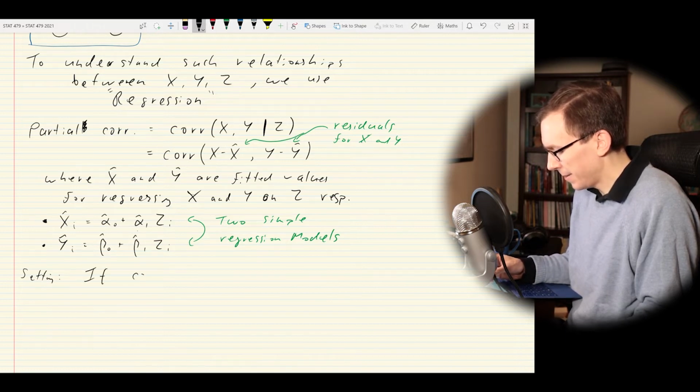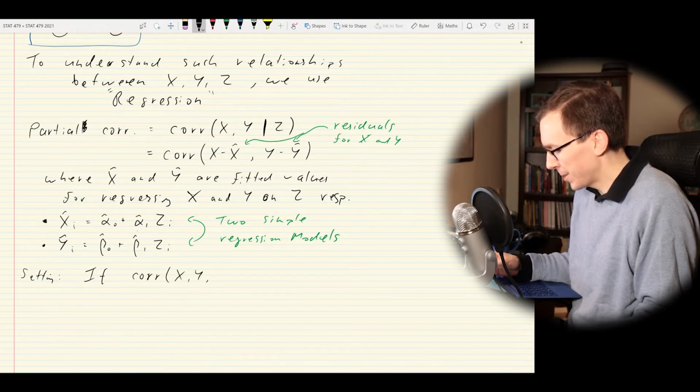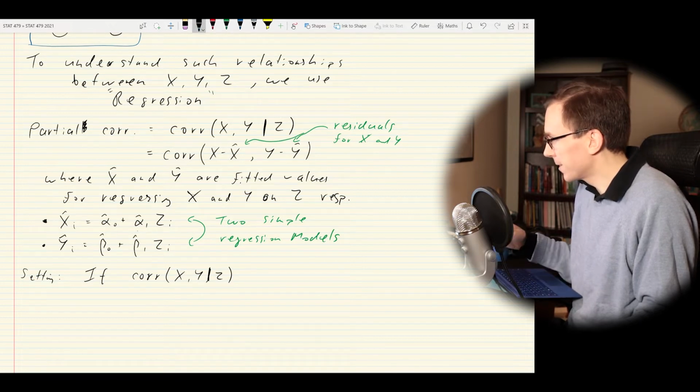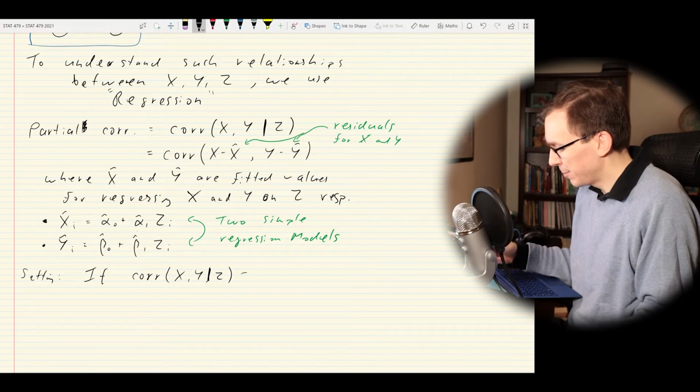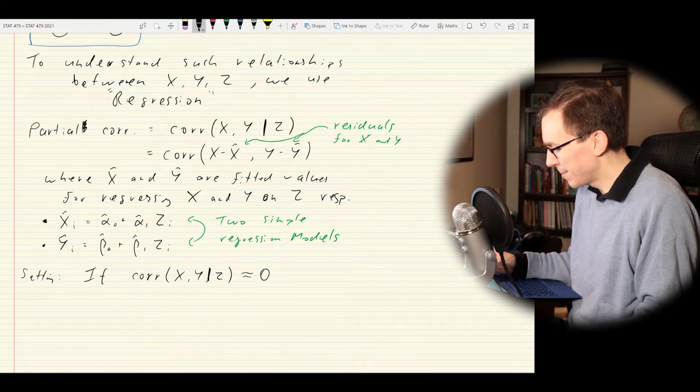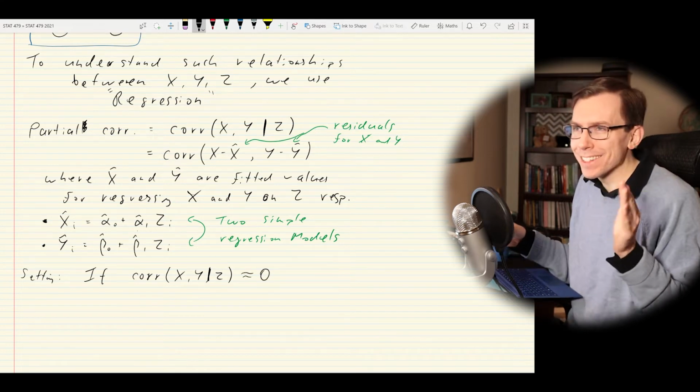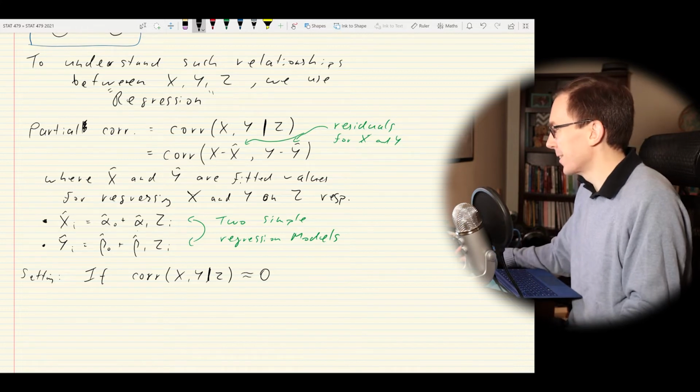We have if the partial correlation between x and y given z is 0, or we'll say close to 0, because statistically it's always going to be about 0 given real data, right?